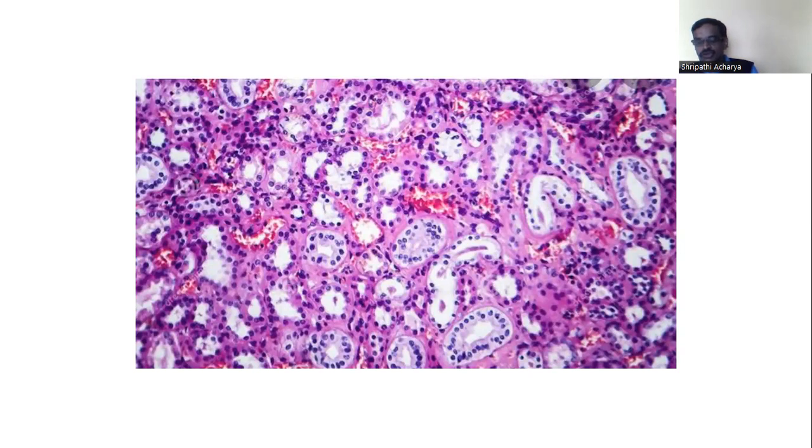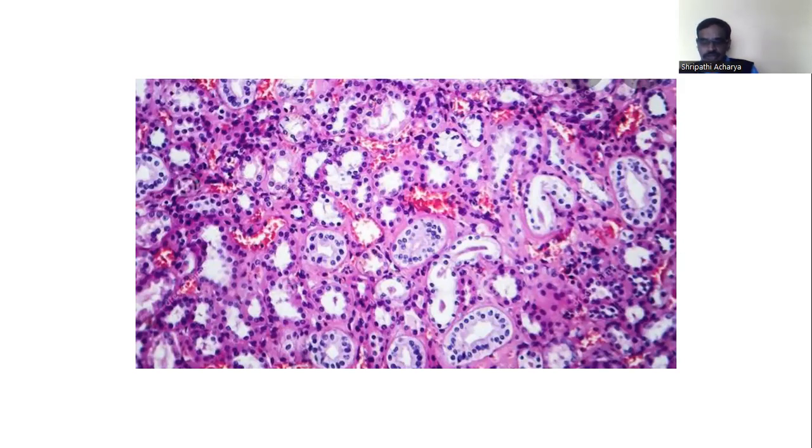Toxic causes include the use of nephrotoxic drugs like non-steroidal anti-inflammatory drugs, paracetamol, etc. The repeated ingestion of these drugs can lead to damage of the glomeruli and chronic kidney disease.